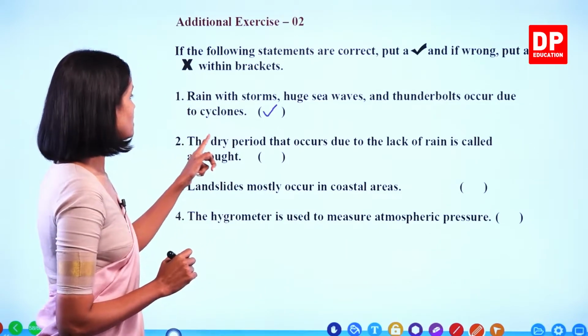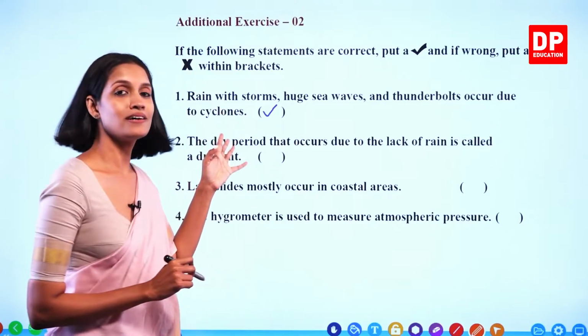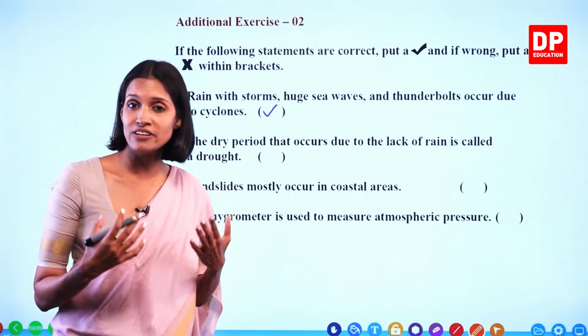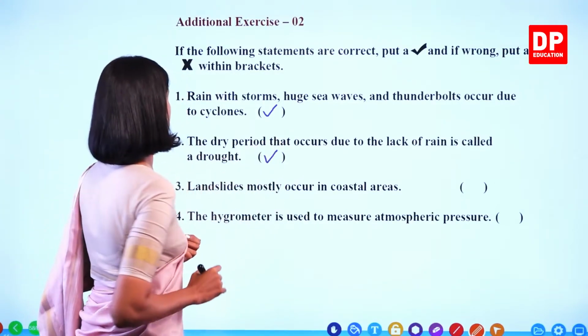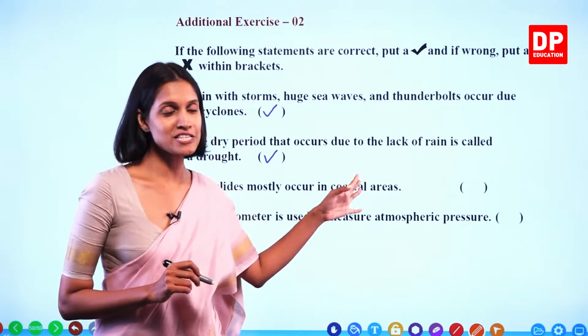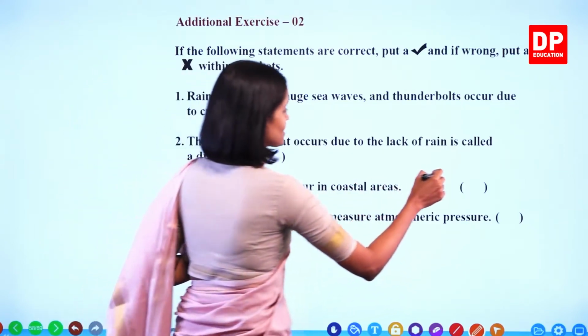The dry period that occurs due to the lack of rain is called a drought. Yes. If the rainfall is less than 75% of expected, droughts occur. Okay. This is also correct. Landslides mostly occur in coastal areas. No, landslides mostly occur in hilly areas. Okay, this is not correct.